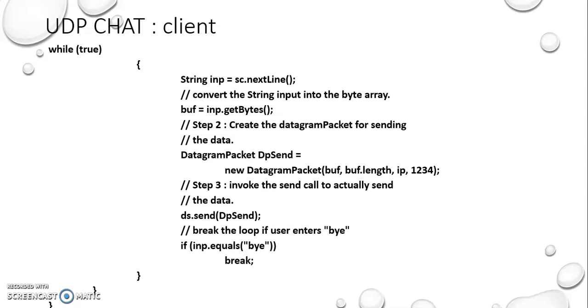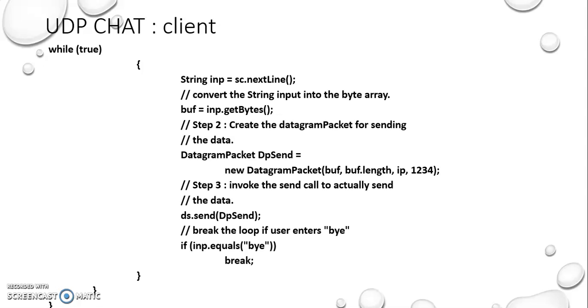So you get bytes, you are converting the input to bytes and reading into the buffer, and thereafter a DatagramPacket is created. That means you have all the four parameters discussed earlier, so that you have a DatagramPacket called dpSend. That is going to be sent from client to server. ds is the DatagramSocket which you have already had, and you have to send this to the server.